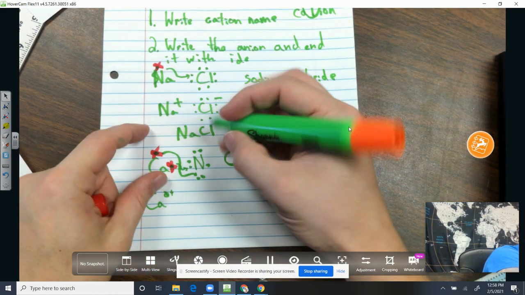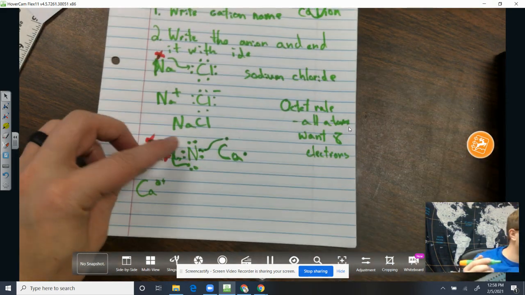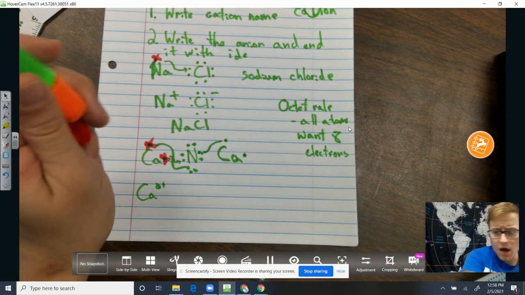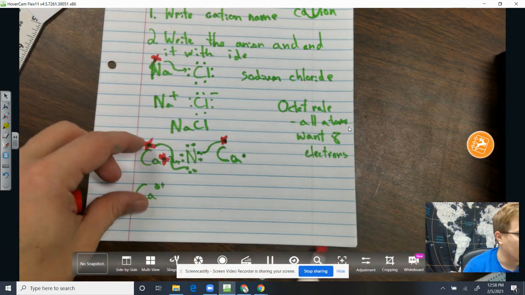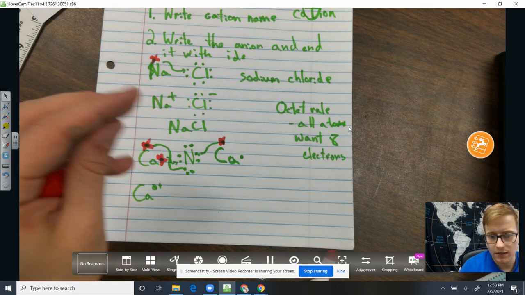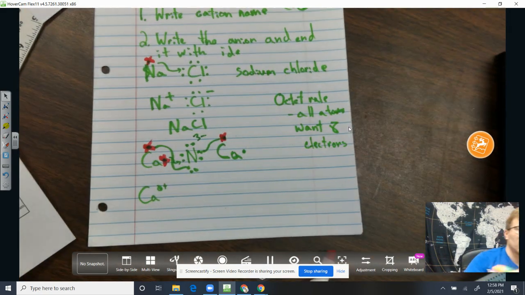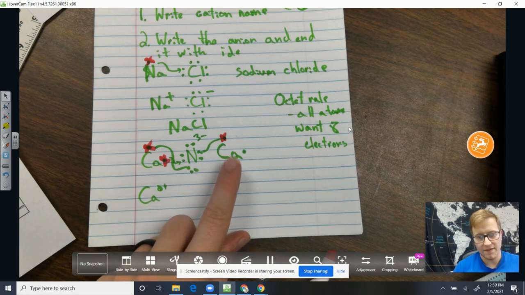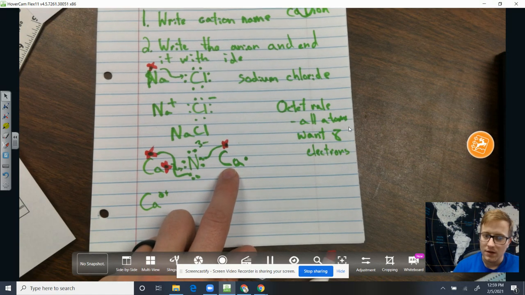So it's going to give up this 1. And nitrogen now has 1, 2, 3, 4, 5, 6, 7, 8. It's done. It's charged. It's going to take 1, 2, 3 new electrons. So its charge is going to be 3 negative because it has 3 extra electrons. 3 negative. However, now we have this little calcium just floating up out with an extra electron. Okay?